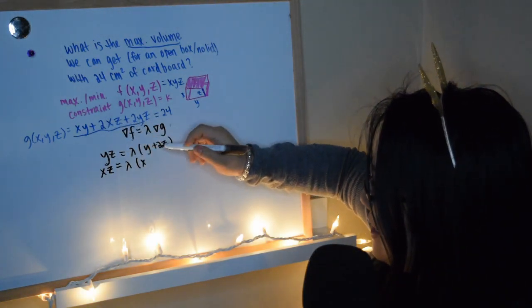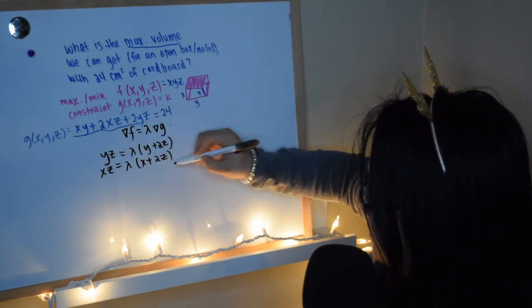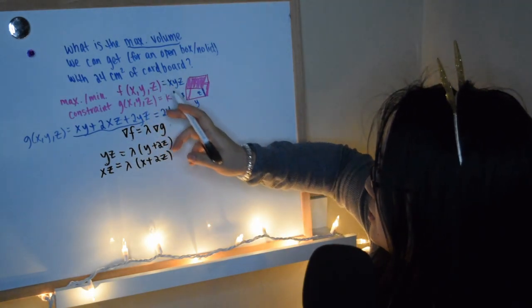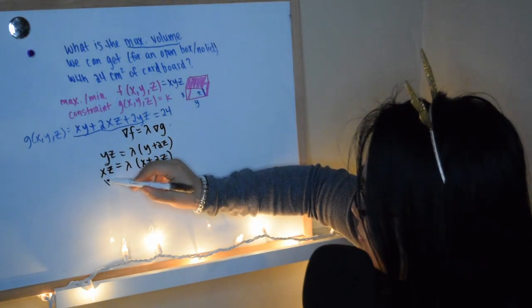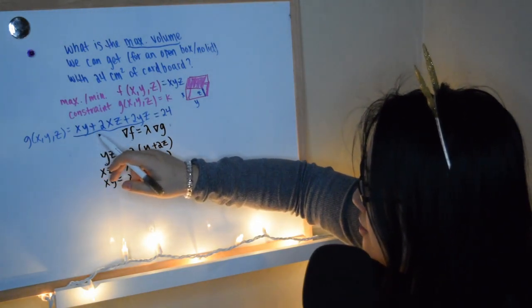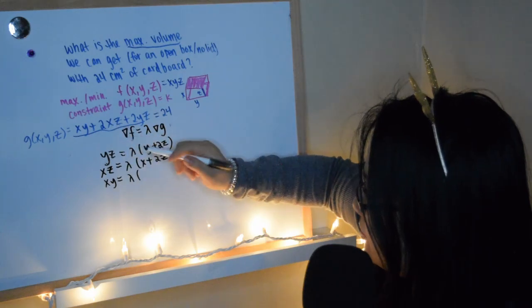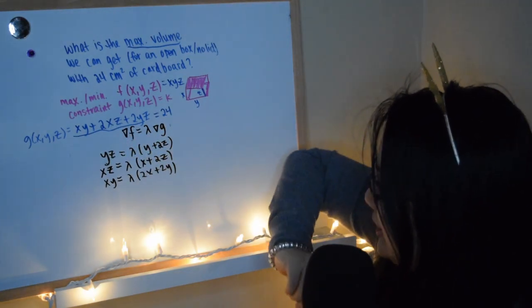This part goes away, and we have plus 2z. And then the last one is with respect to z. So xy equals lambda, and this part goes away now. So 2x and 2y, like that.